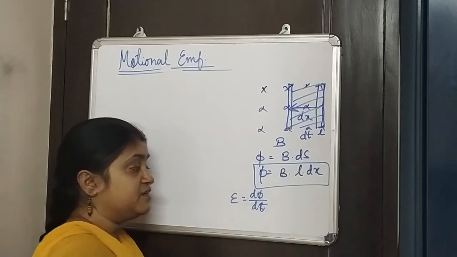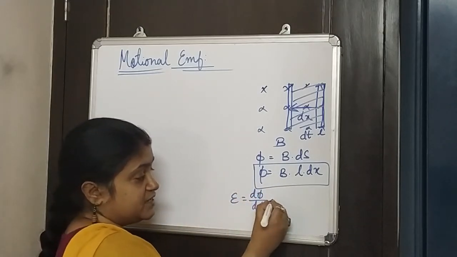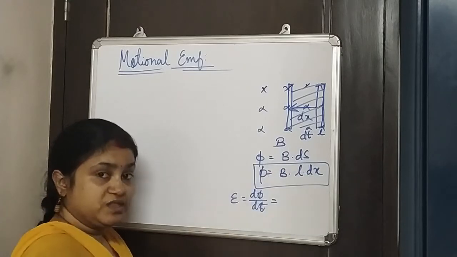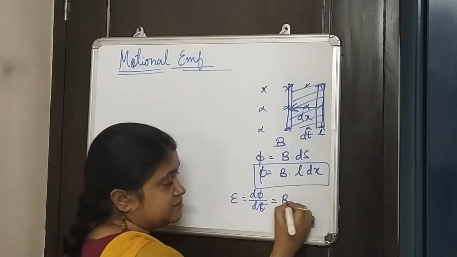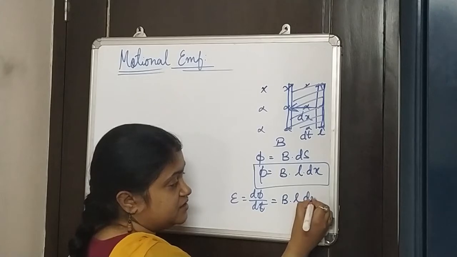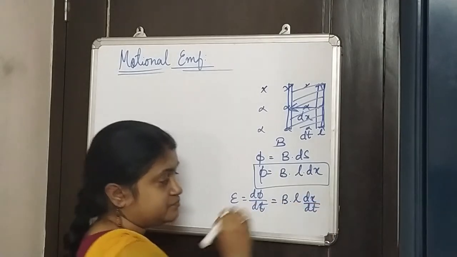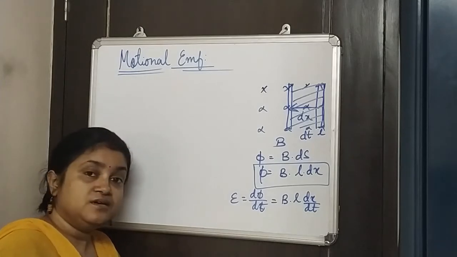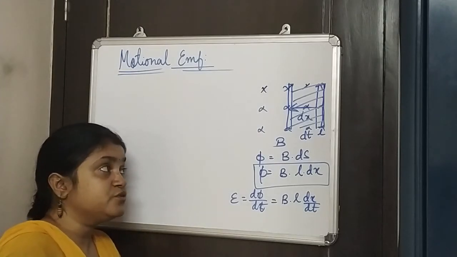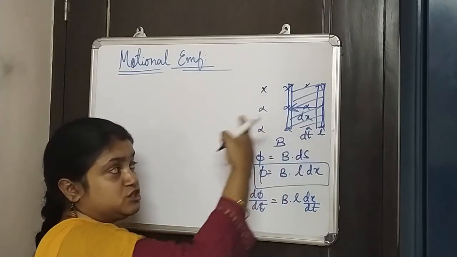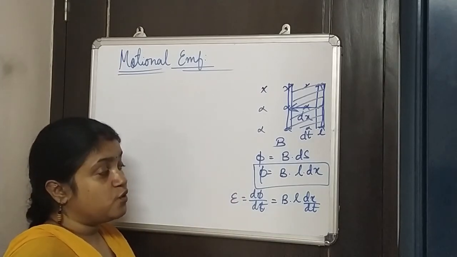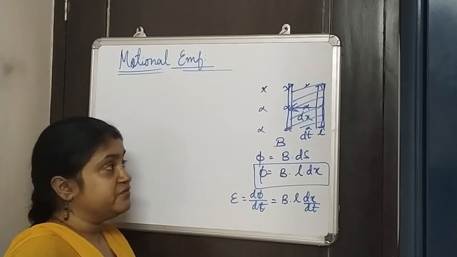When I substitute and differentiate with respect to t, we get B L dx by dt. This is the EMF produced due to the motion of this rod, which we call motional EMF.